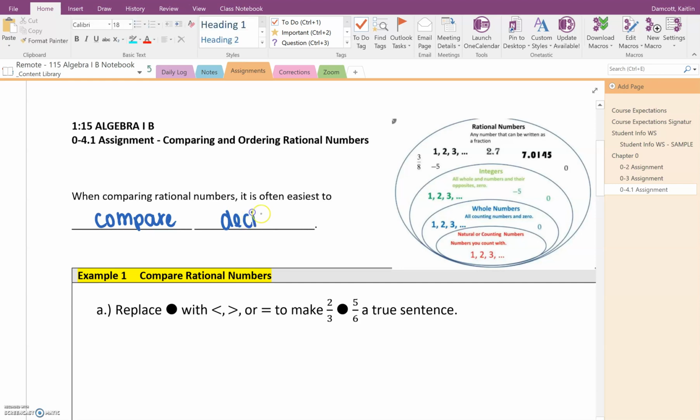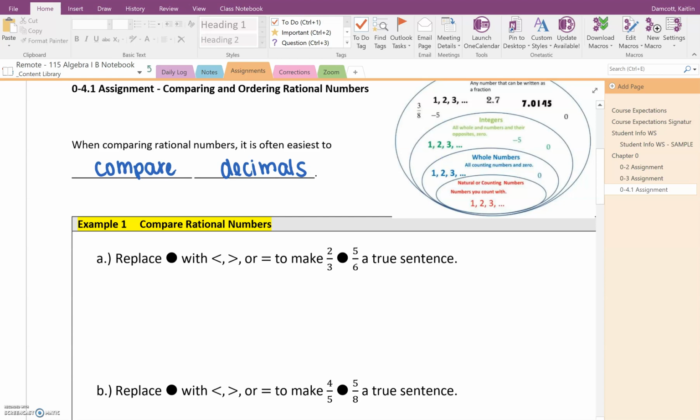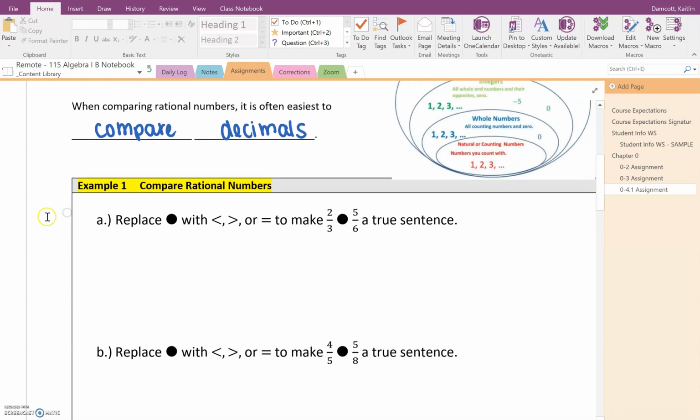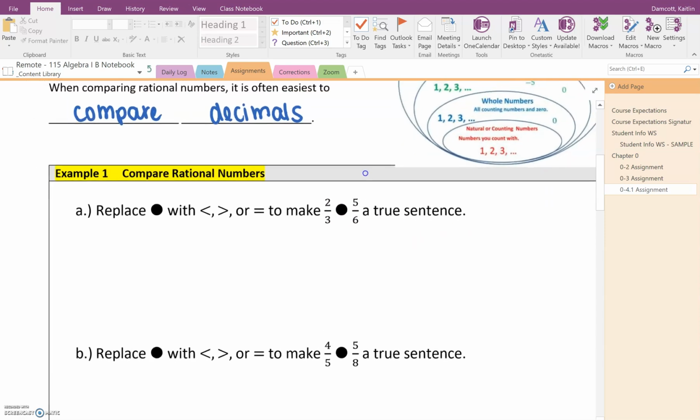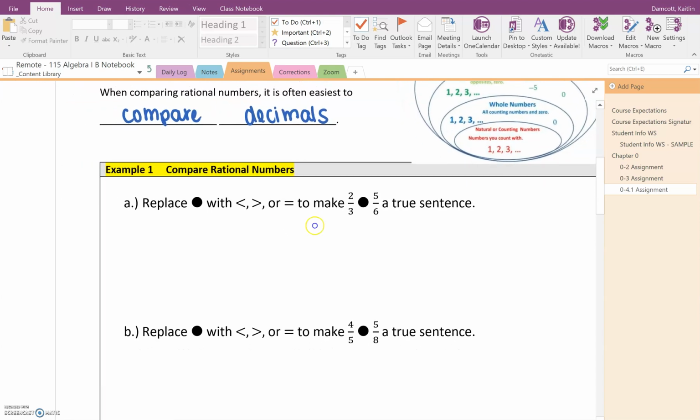Compare decimals. Okay, so we've done this before. So coming down here, it says compare rational numbers. So we're going to replace the black circle with a greater than, less than, or equal sign to make this 2/3 compared to 5/6, the true sentence. So what we're going to do is turn fractions into decimals.